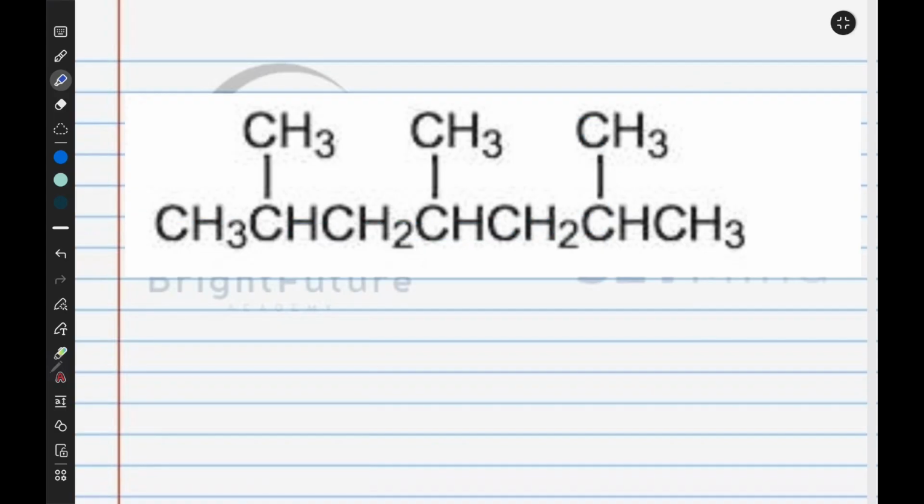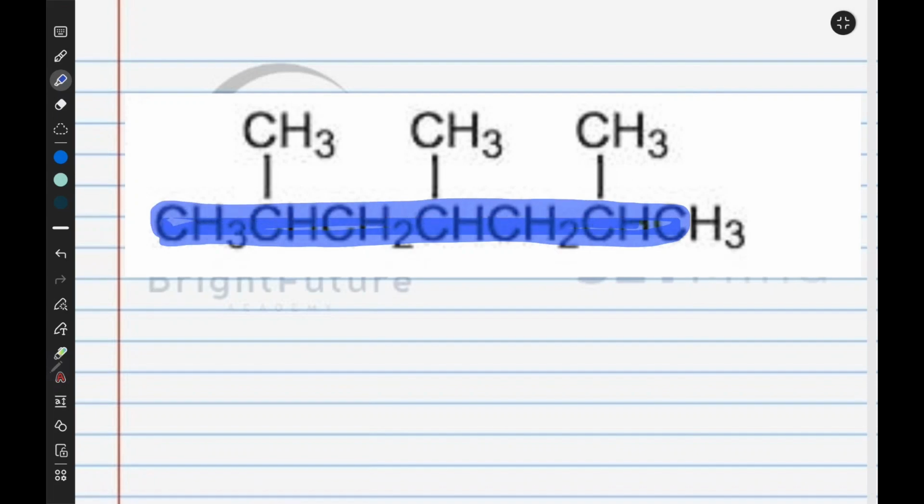Okay, if we do the long chain, we have 1, 2, 3, 4, 5, 6, 7 again. So I'll choose the long chain because I like convenience, right? Because convenience is my favorite thing. So let's choose that long chain.